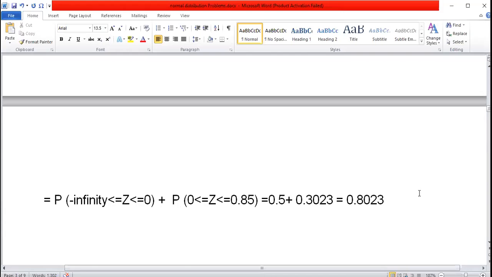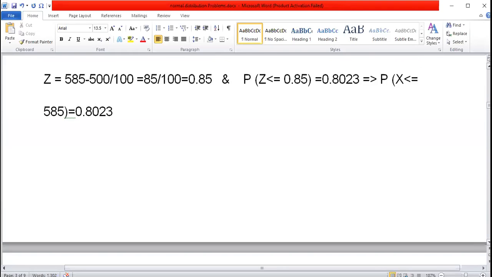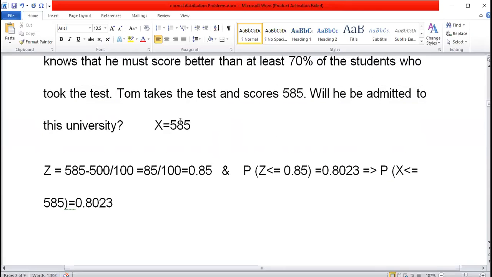Can you explain again why it is Z is less than 0.85? Like for finding the probability, why did you find Z is less than 0.85? Okay. So what we did here, we said X is 585.